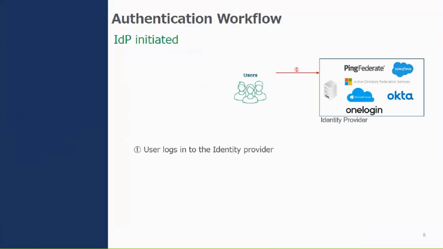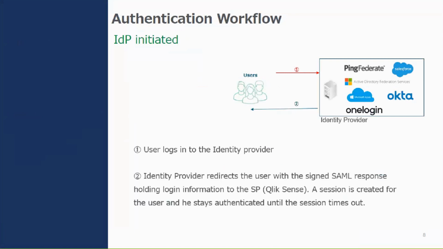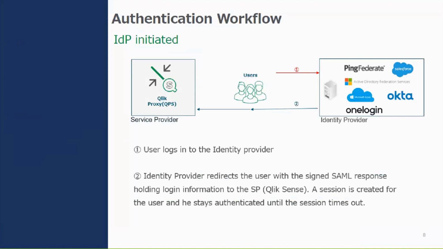When they click on the Qlik Sense icon, the identity provider will redirect the user together with the SAML response to Qlik Sense. And then, in the same way as the SP-initiated authentication, Qlik Sense will validate the SAML response and create the session in Qlik Sense, and the user can stay authenticated until that session ends or times out. The SAML assertion is the one that always needs to be signed when it is IDP initiated.